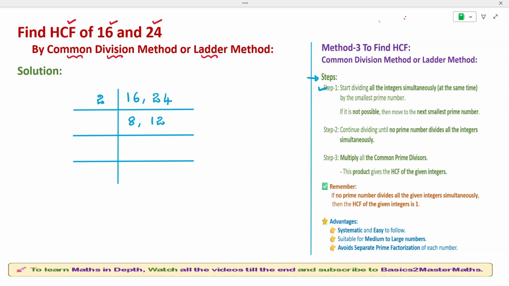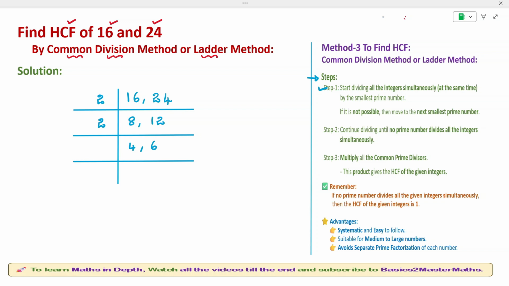Again, start dividing 8 and 12 by the smallest prime 2. Since 2 divides both the integers 8 and 12 exactly, we get 4 and 6.